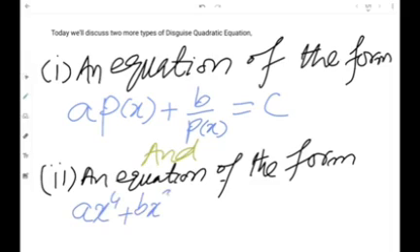We will try to learn the procedure to solve these two types of disguised quadratic equation.